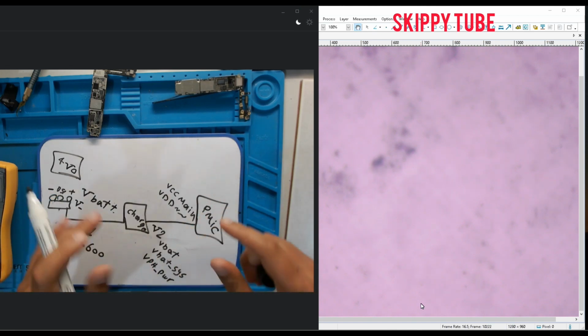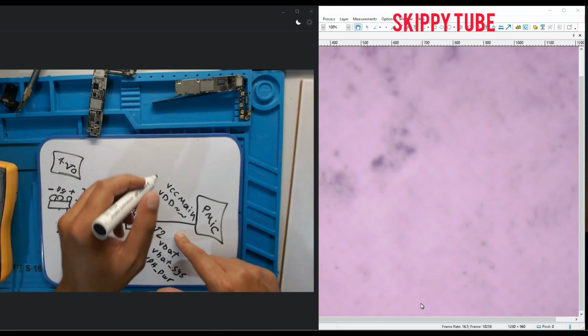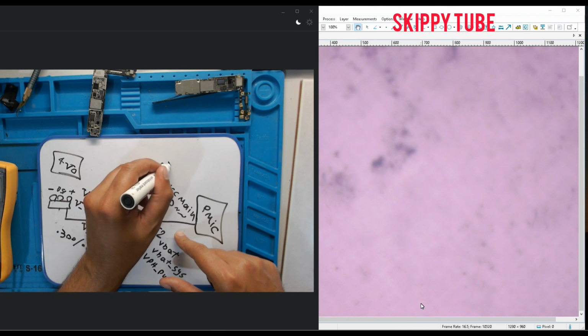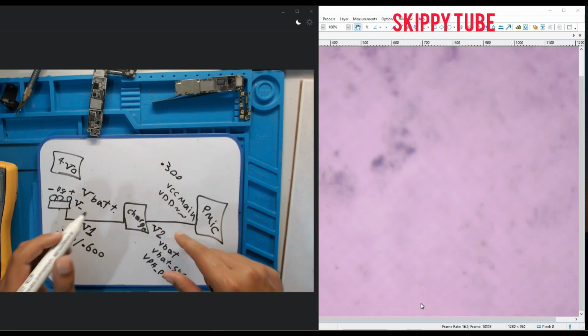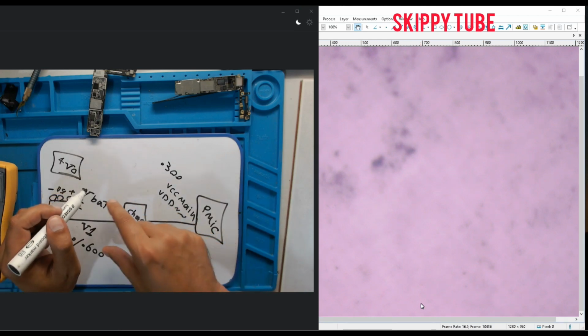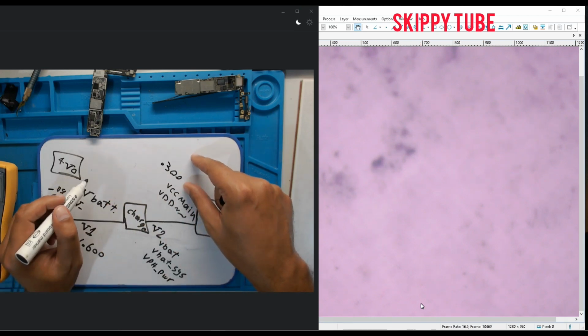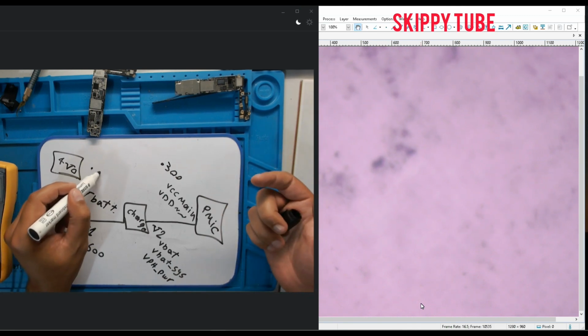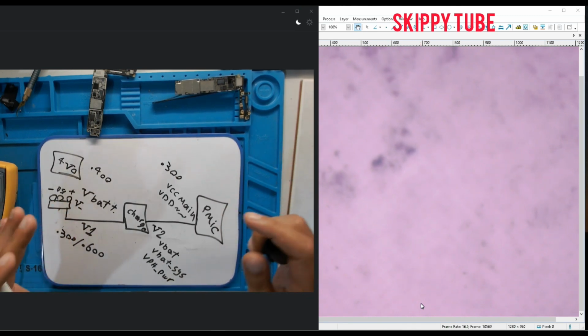If it's on the normal phone, when you check this side, for example, the multimeter shows 0.300. When you check voltage 1, this is higher than this diode value, which is normal. It needs to show, for example, a 0.400 diode value.